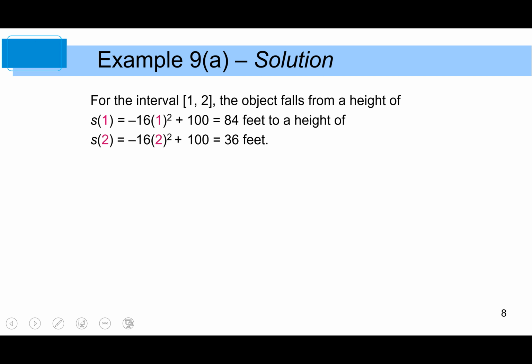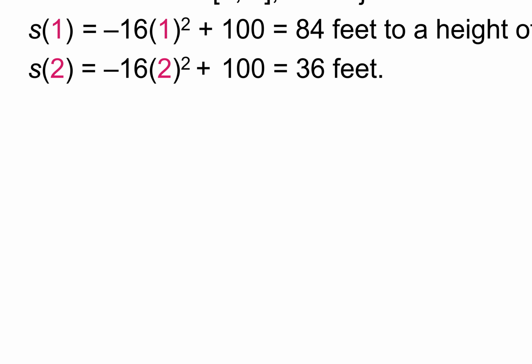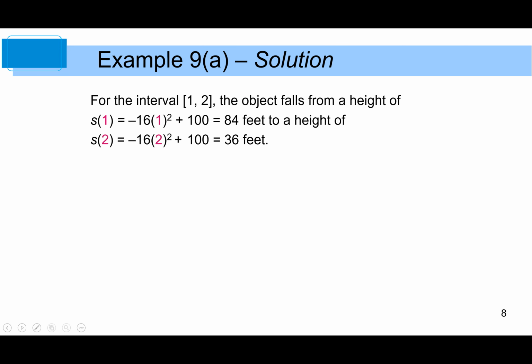For the interval between 1 and 2, the object falls from the height of s of 1, the position function at time t equals 1, to s of 2, the position at time t equals 2.